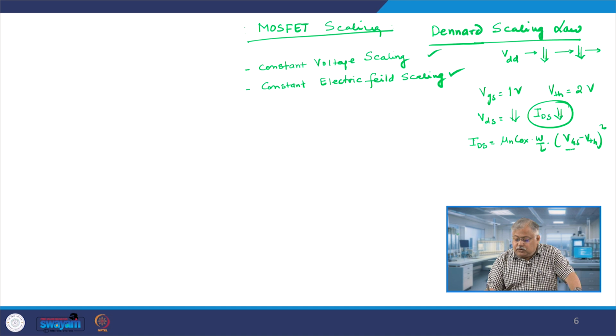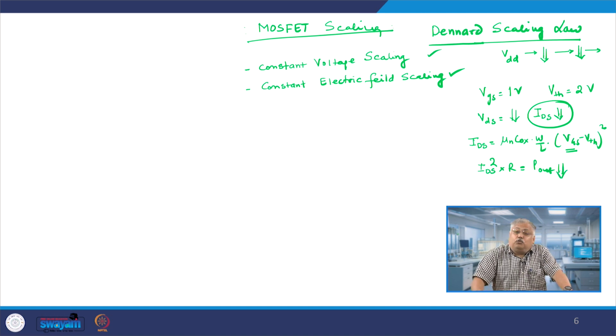So, if you would have reduced the value of VGS, let us suppose, then the overdrive will reduce and there will be a parabolic reduction in the value of current, which means that your IDS square times R, which is the output power, will actually reduce parabolically, which is a good idea.